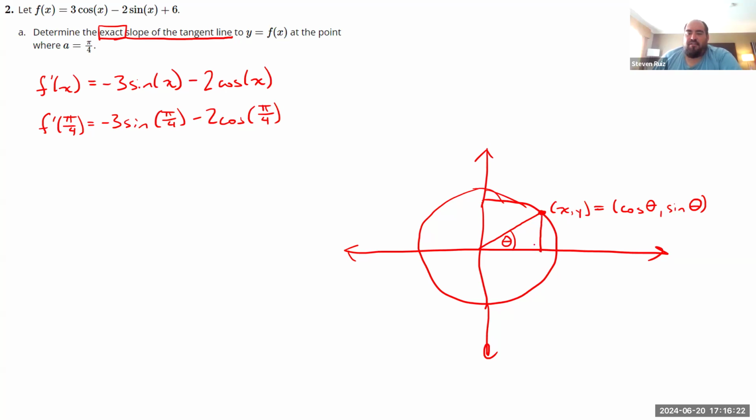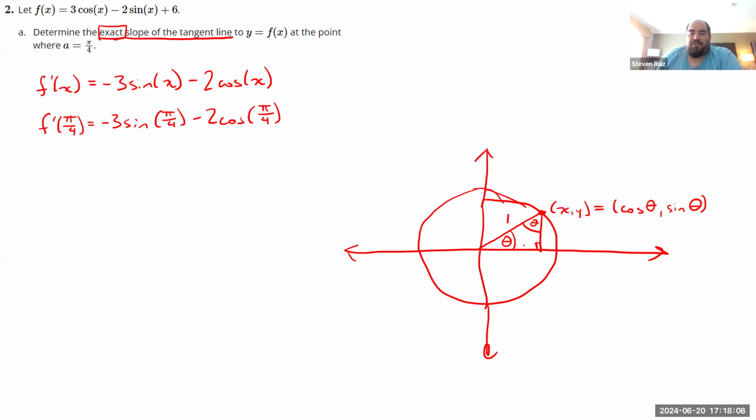So let's start labeling the sides of this triangle. One thing I know is this is the unit circle, so this radius, drawn from the origin of my graph to the circumference of my circle, has to be 1. Something else we can rely on is that this theta is a 45-degree angle, which means so is this angle.